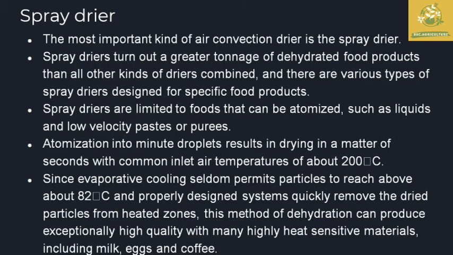And the next one is the spray dryer, where the most important kind of air convection is to be found. Spray dryers have turned out a greater tonnage of dehydrated food products than all other kinds of dryers. Food spray dryers are designed for specific food products, so we cannot accommodate them for all foods, and they are limited to foods that can be optimized, such as liquids and low velocity pastes or purees, at a temperature of around 82 degrees centigrade.